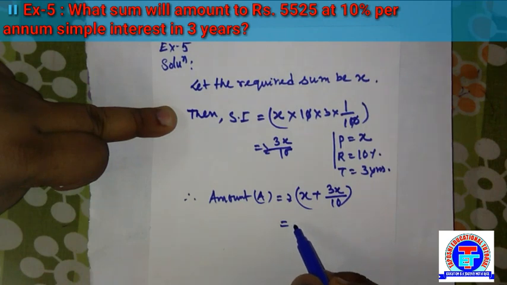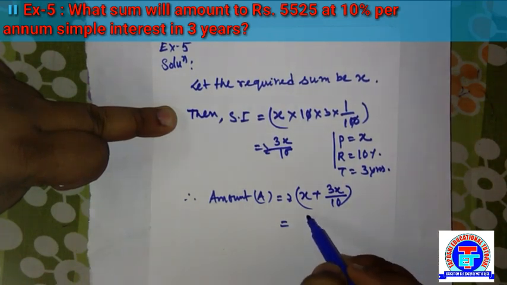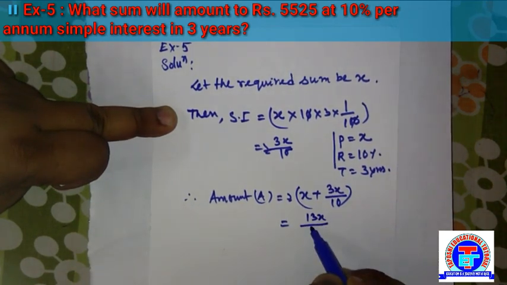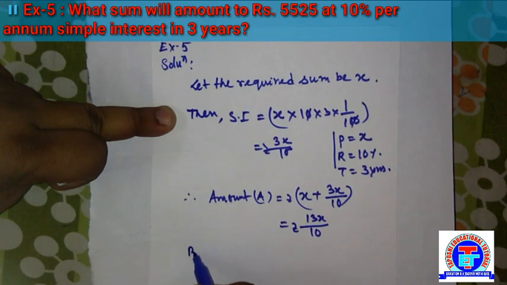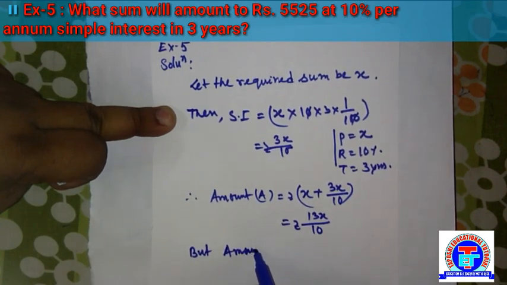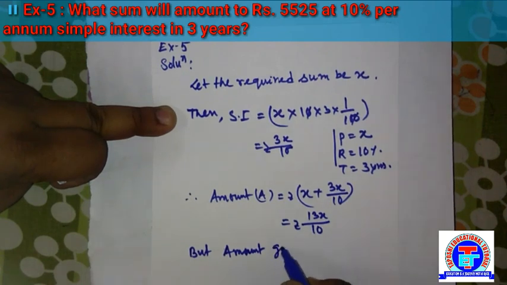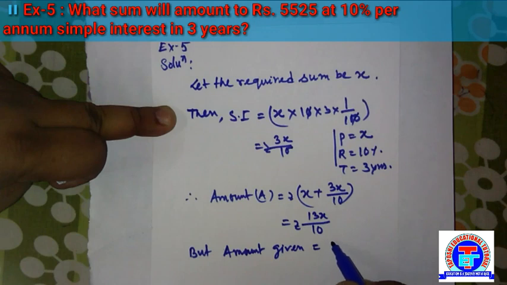That means it comes to 13x by 10 rupees, right? But amount given is equal to how much?